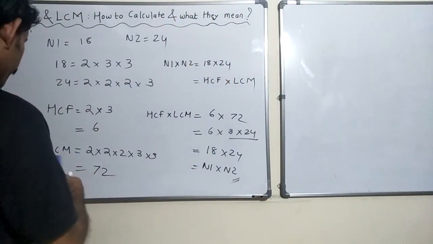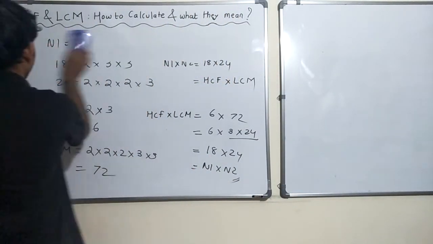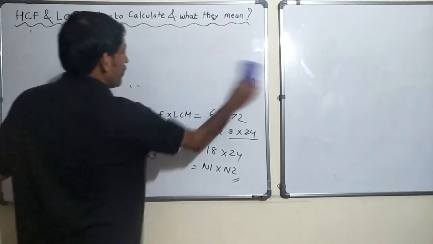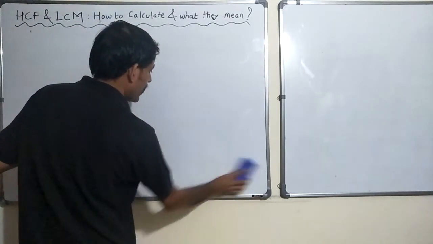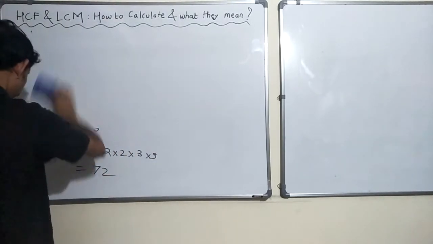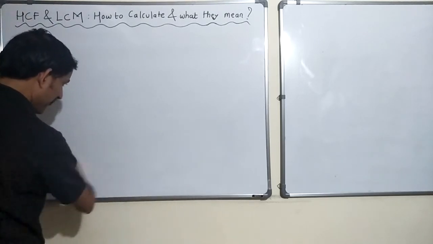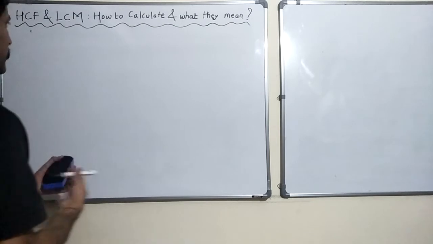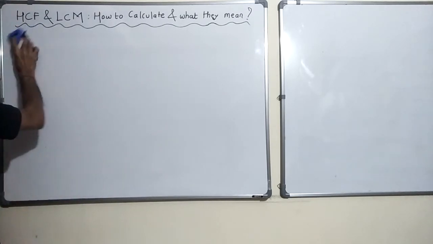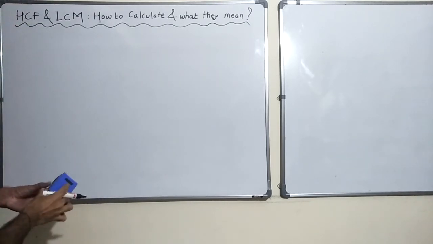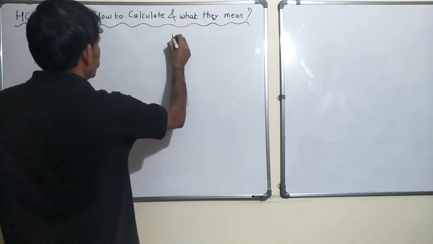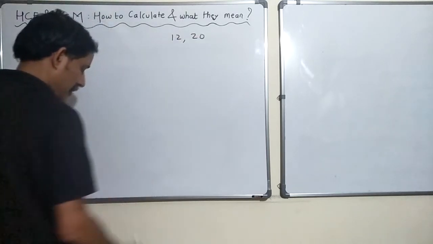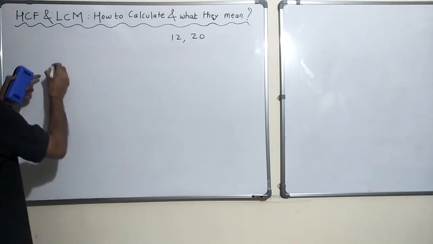So now to our final portion, on what HCF and LCM mean. We started this by finding the HCF and LCM of 12 and 20. So now imagine you are standing on a number line.